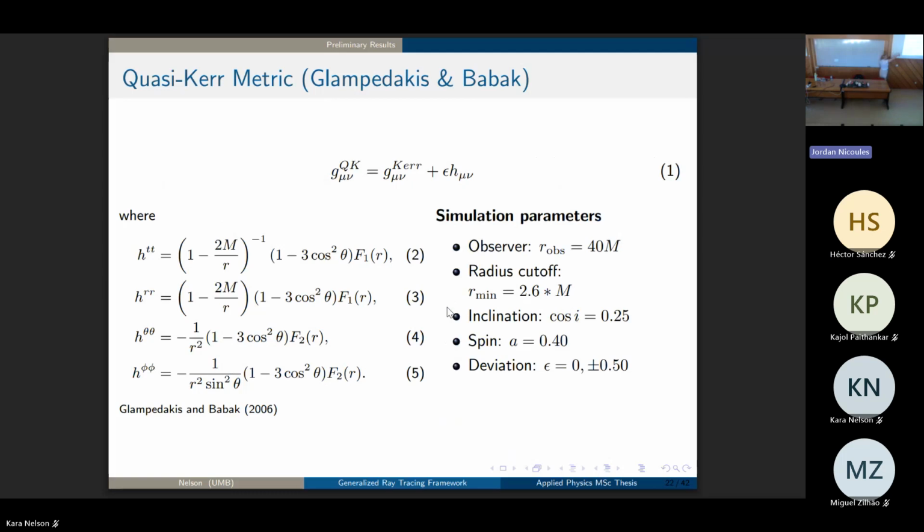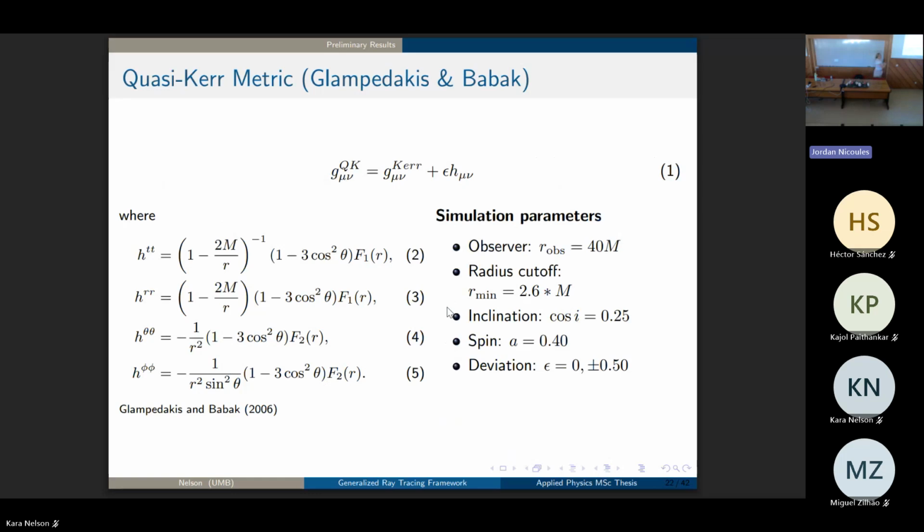These F1 of r and F2 of r basically take the form of ln of something over 1 minus 2M over r, something like that. So it's defined only for radius greater than 2M. That's something to take note of, and this is something we really have to take into consideration, this radial cutoff, which I'll explain on the next slide.